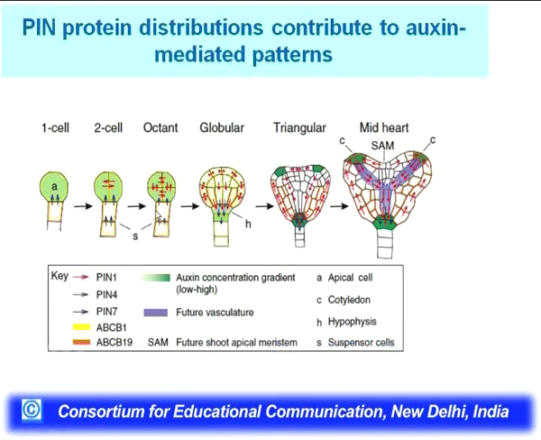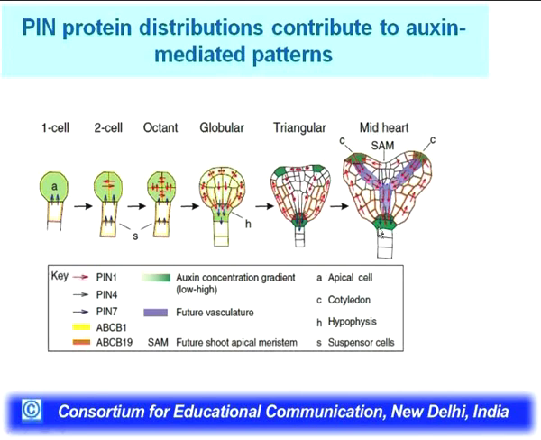These slides I have shown you probably earlier, and this shows how auxin flows from one cell to another, and eventually in an embryo. This is only a small, single cell embryo that goes big and forms a heart shaped embryo, and then you will find auxin is at one tip of the cotyledon, another tip of the cotyledon, and more in the down part where the root will form.